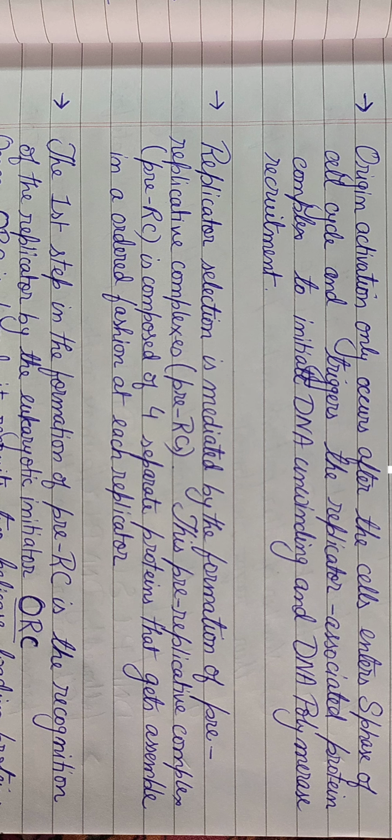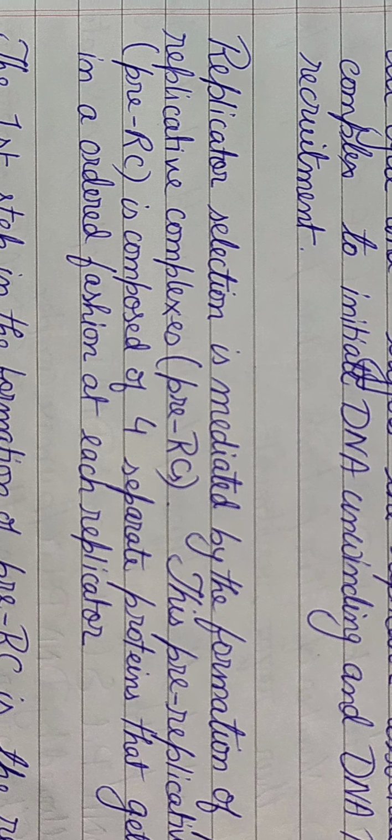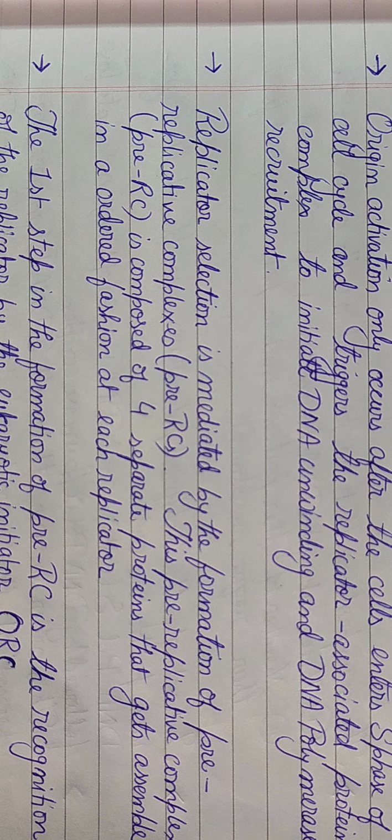Replicator selection is actually mediated by the formation of the pre-replicative complex. For the first step that we talked about, replicator selection, some proteins must mediate this function, and these are the pre-replicative complexes, commonly called pre-RCs.